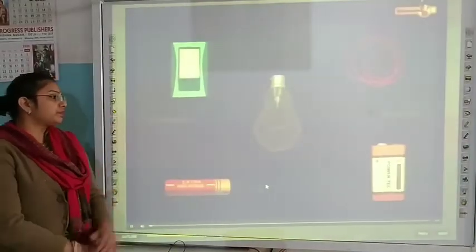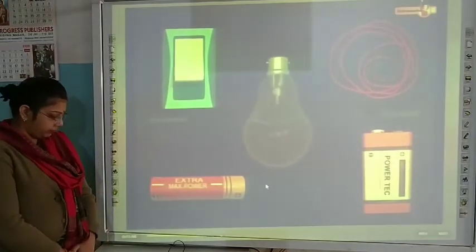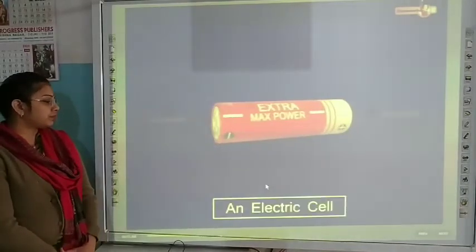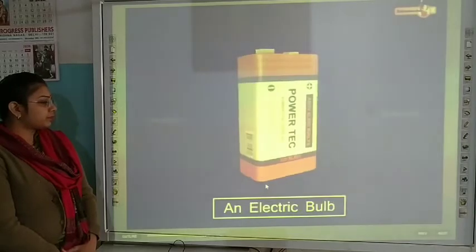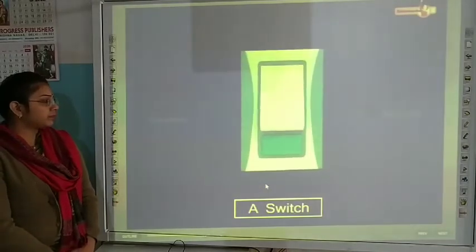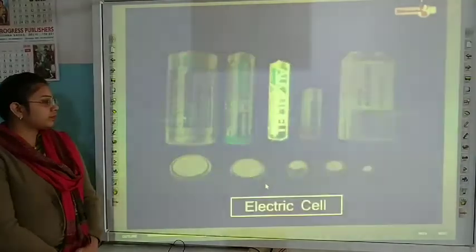Let us study about some of the common electrical components used in an electric circuit, such as an electric cell, a battery, an electric bulb, a switch, electric wire. Electric cell.